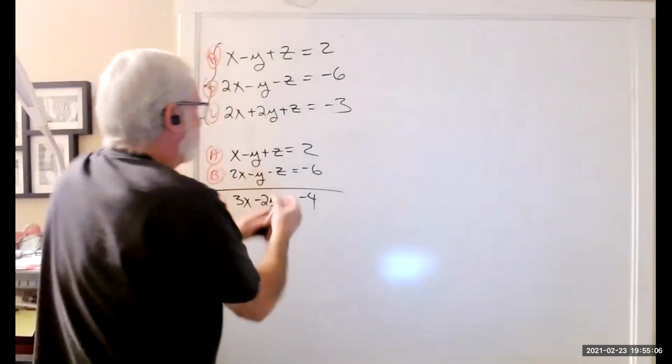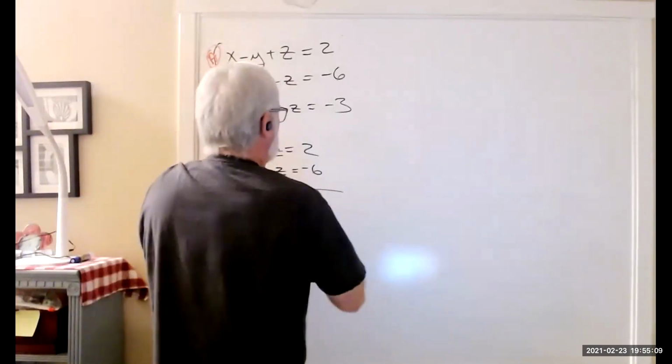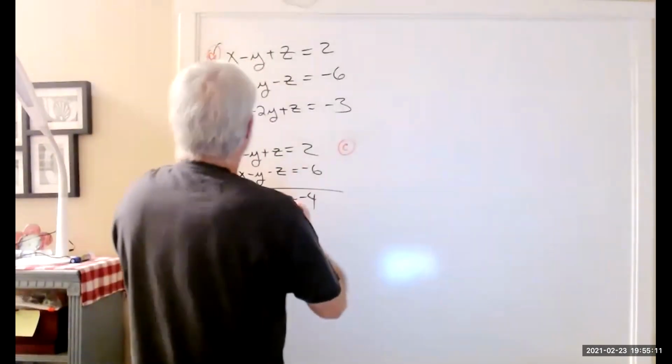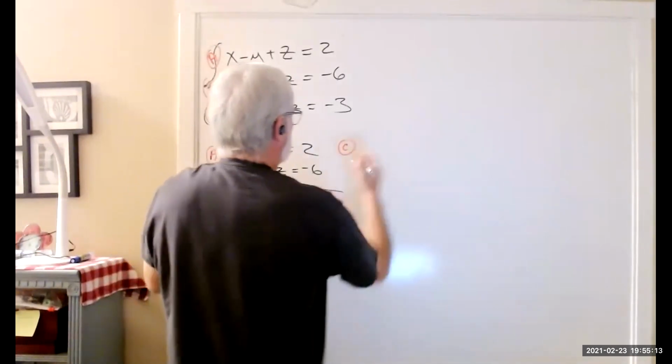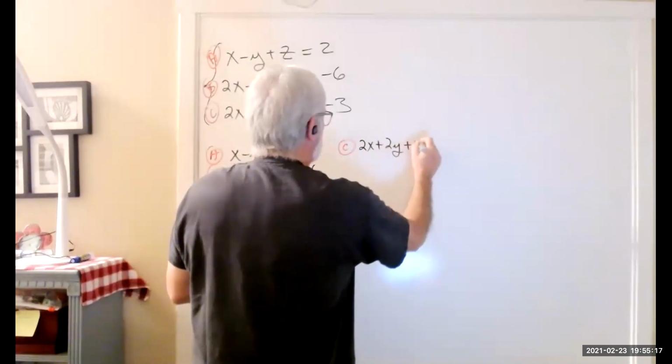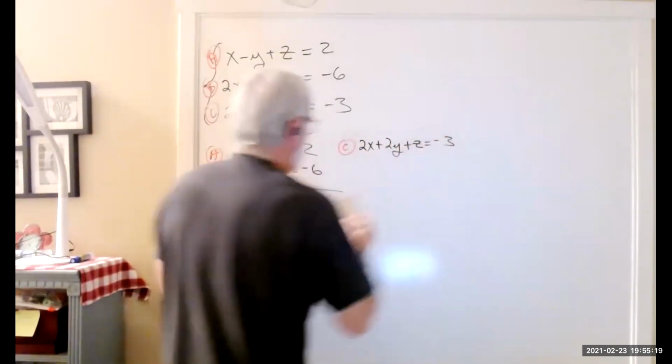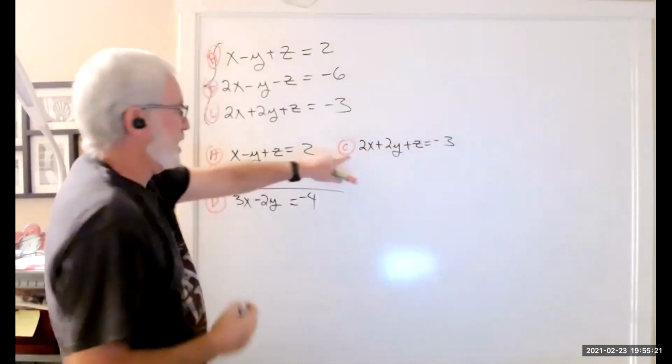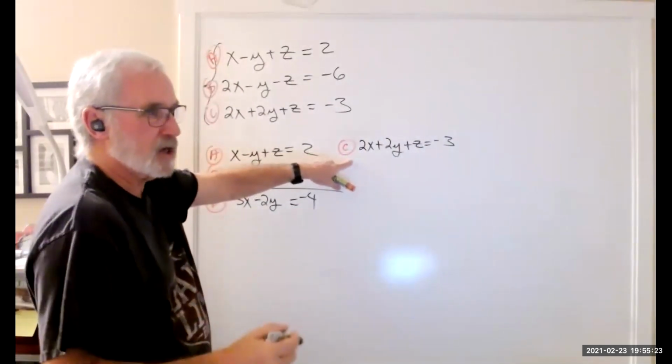Correct. Yeah, so let's take equation C, okay, which is going to be 2x plus 2y plus z equals -3. And that was the unused equation, haven't used it yet.